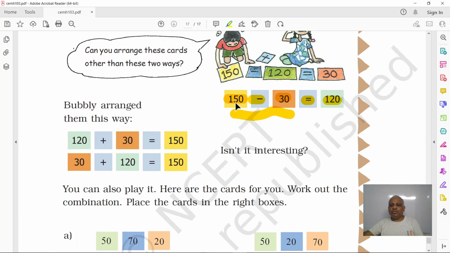So 150 equals 120 plus 30, right? So the same thing is written here. So the reverse, both are same, right? 120 plus 30 equals 150, right? So either way, 30 first, 120 next, the total remains same, right?